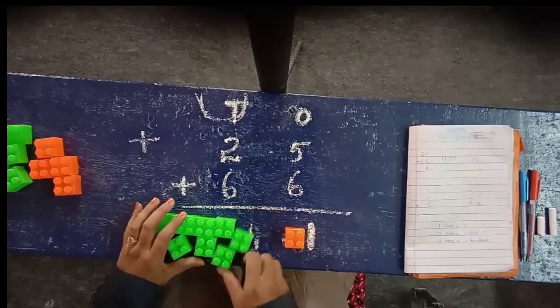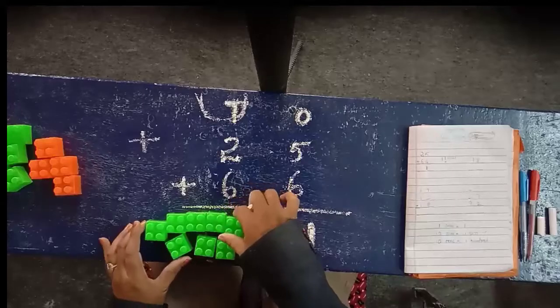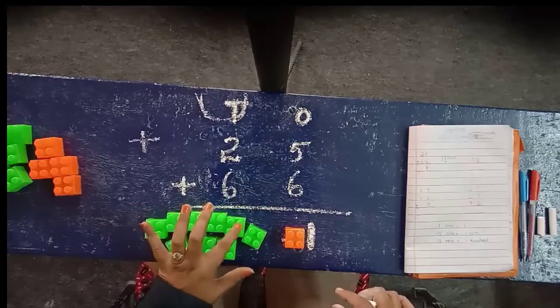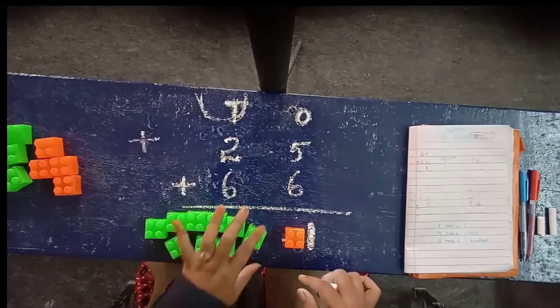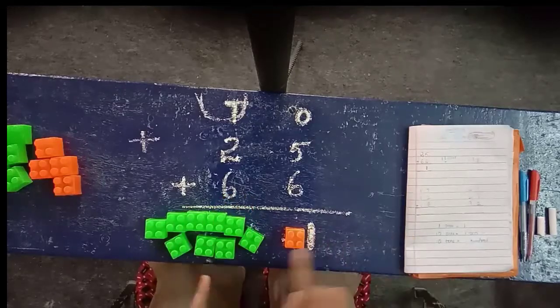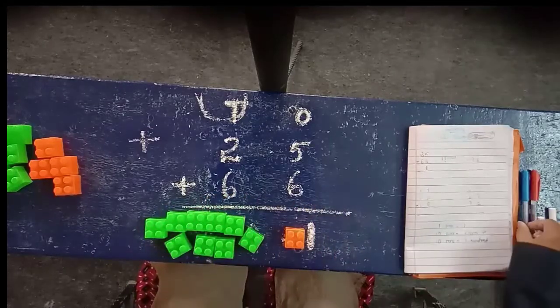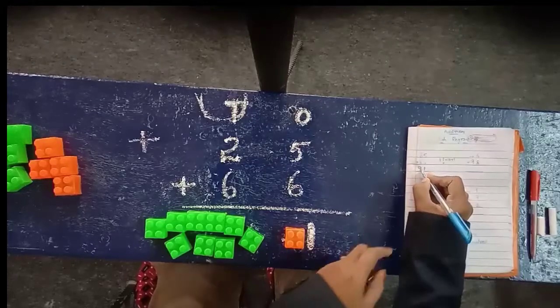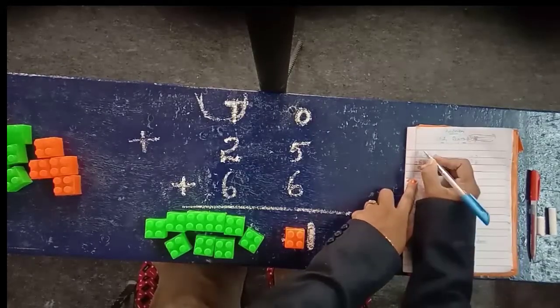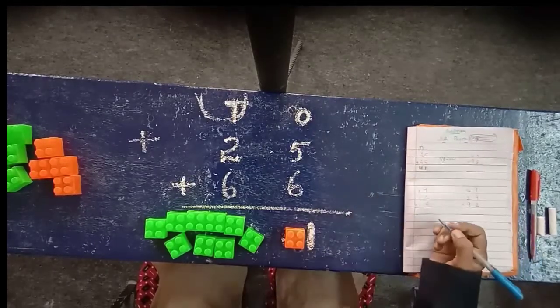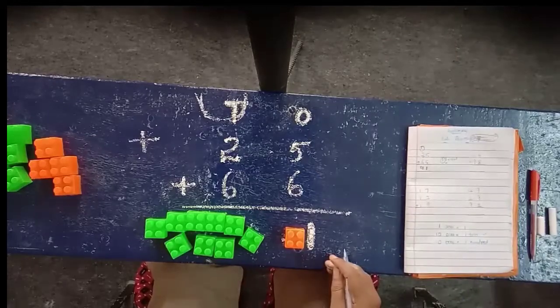What is the answer here? You can see 9 blocks in tens, and here 1. So you can write the answer as 91. This one I have taken as a carry, children. So the answer is 91.